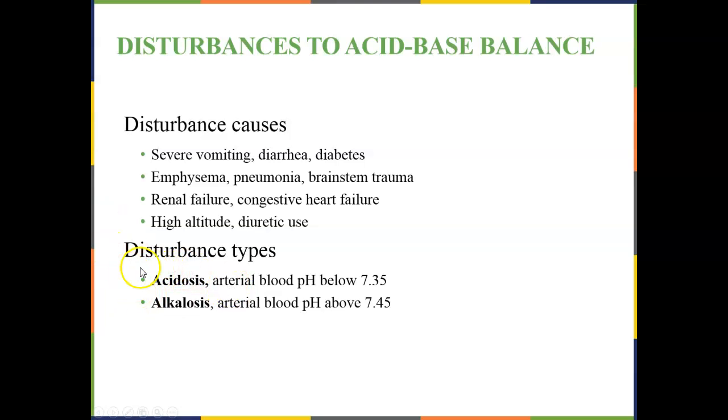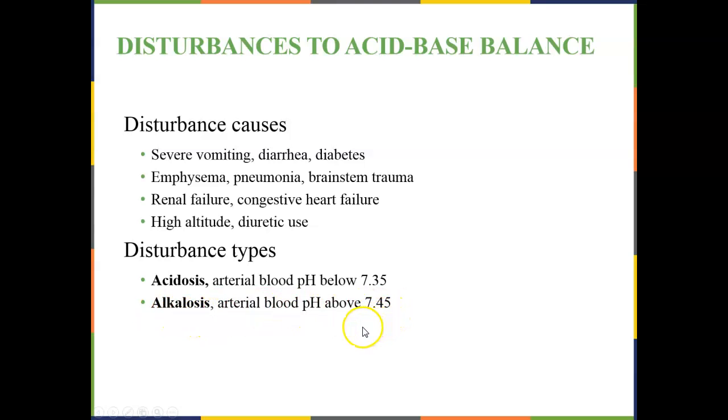And so there's two basic types of disturbances. We can have an acidosis, so blood pH below 7.35, or an alkalosis, which is blood pH above 7.45.